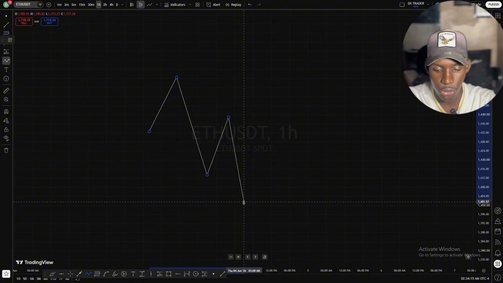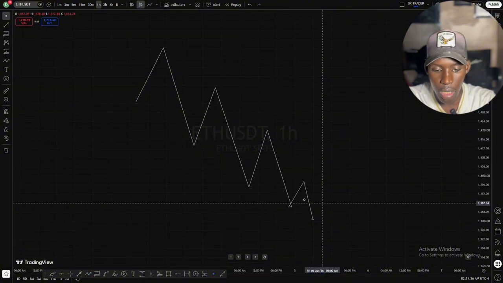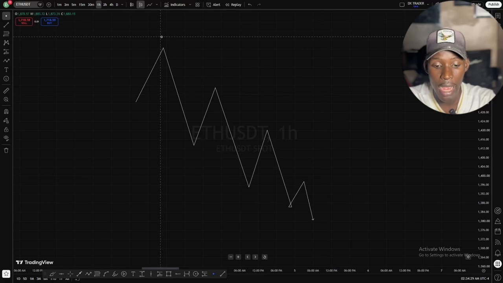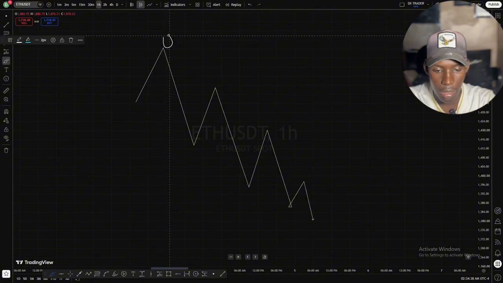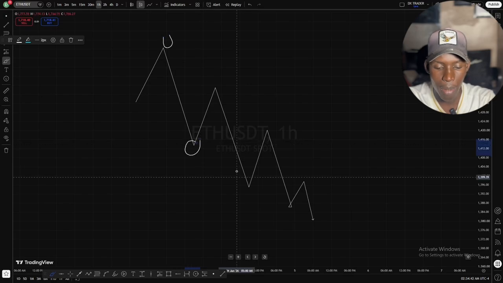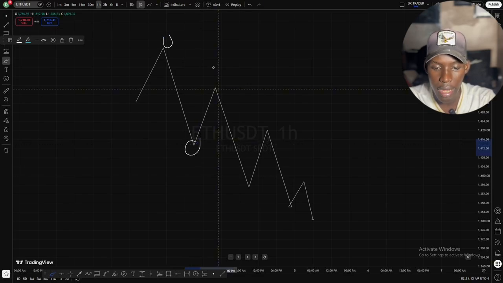Now this is a downtrend structure, and the market normally creates what we call lower high and lower low. Lower high and what? Lower low. So this is the exact point of lower high, this high, and this is the exact point of lower low. So the market is creating lower highs and lower lows in a downtrend structure.